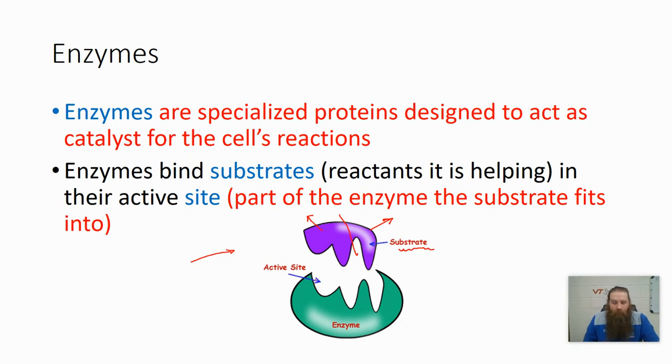If I had two pieces meeting on the enzyme, maybe the enzyme is going to help them join together and make a bigger molecule. Either way, the enzyme has to bind a substrate or substrates. Those are the reactants in the reaction that it's helping move forward, in something called the active site.